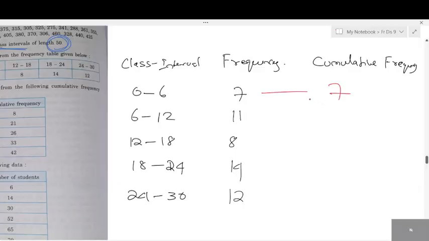What do you do for the second one? Add 7 plus 7. 7 plus 11. Next. 18 plus 8. 26. Next, which do you have to add? 14. 40. 40 plus 12.